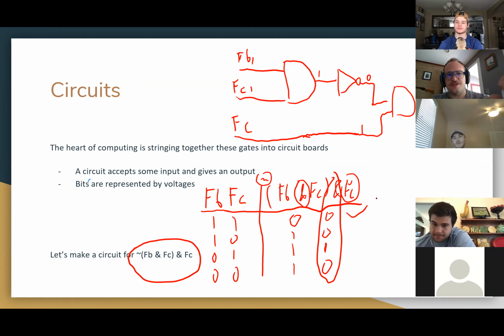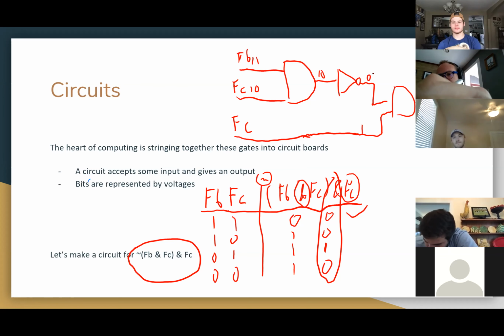The next input is where FB is 1 and FC is 0. So going into the AND gate, that's 0. Going into the NOT gate, that's 1. And since FC is 0, a 1 and a 0 going into this AND gate is 0. So that checks off output 2.